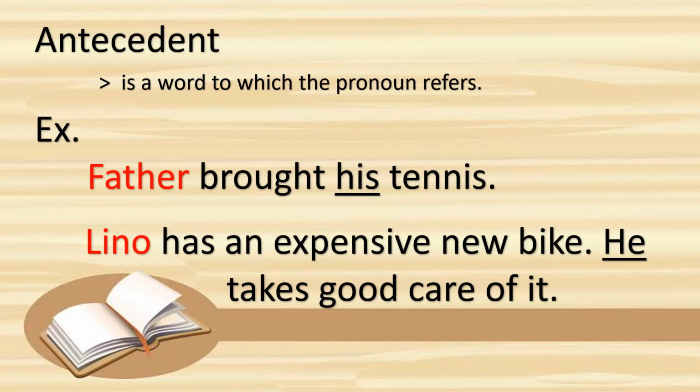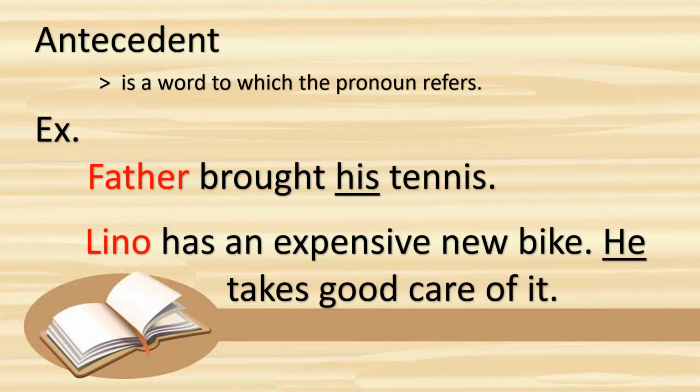Again, Father brought his tennis. "His" is our pronoun, which refers to father. Therefore, father is someone being referred to by the pronoun "his," so father is our antecedent. Number 2, Lino has an expensive new bike.